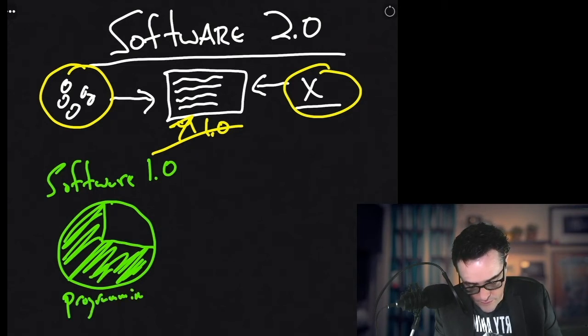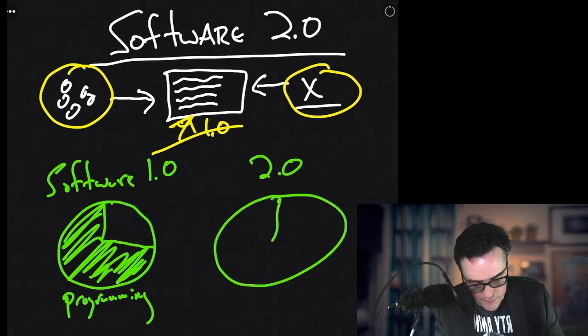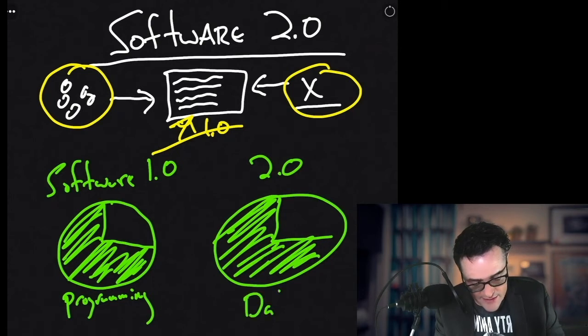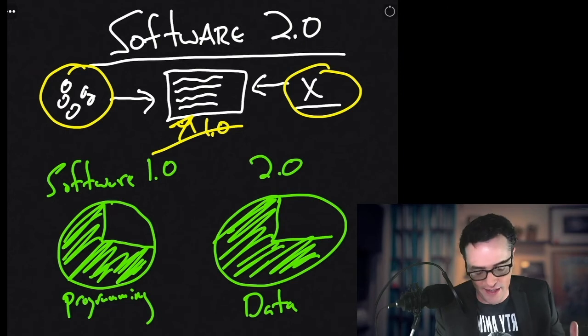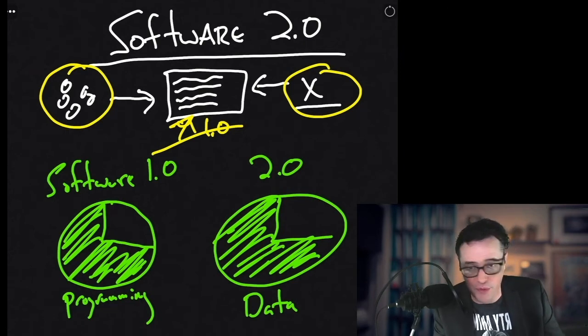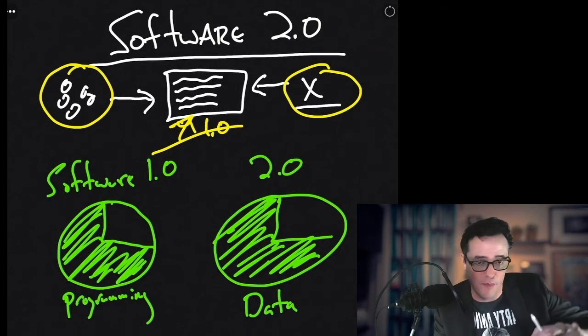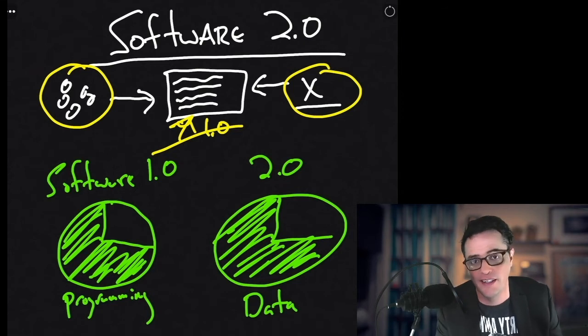In 2.0, they spend about 70-75% of their time on data, both the inbound data and the desired end state of that data. The programming, though, you don't do in machine learning. You can tweak it, but you don't mess with it. These are pre-existing algorithms. So machine learning is moving the effort of development from programming logic to data.